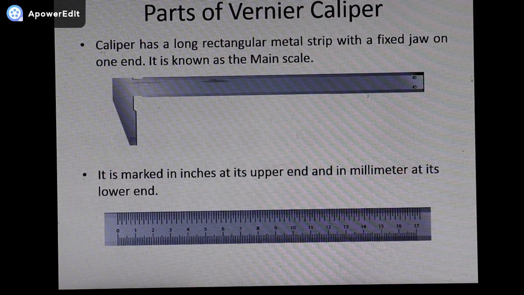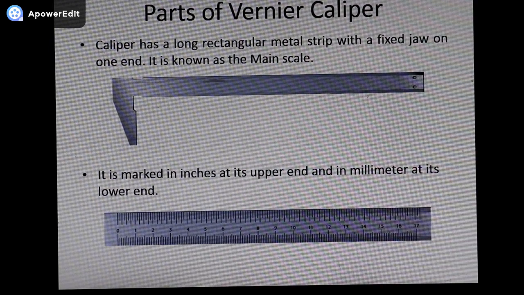Starting with the first part, the caliper has a long rectangular metal strip with a fixed jaw on one end. It is known as the main scale of the vernier caliper. You can see in the figure a metal strip which has a fixed jaw on one end, so it is called the main scale of the vernier caliper.